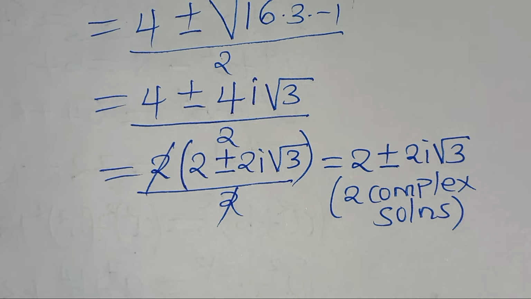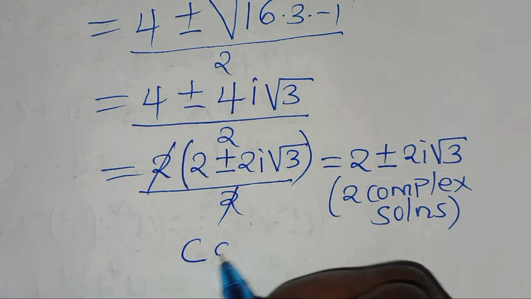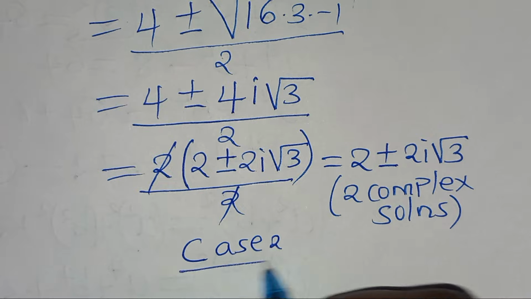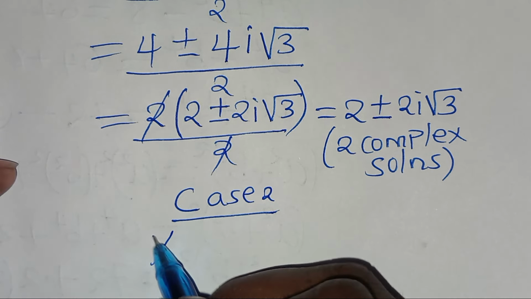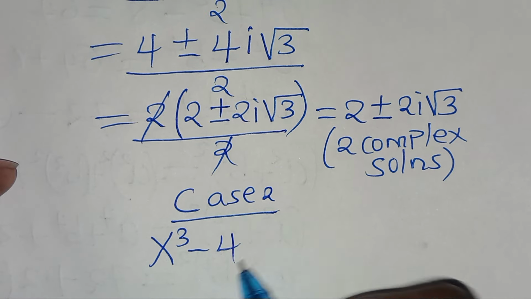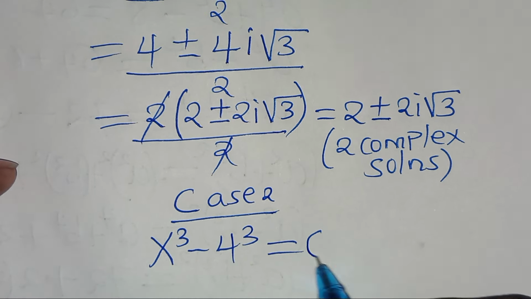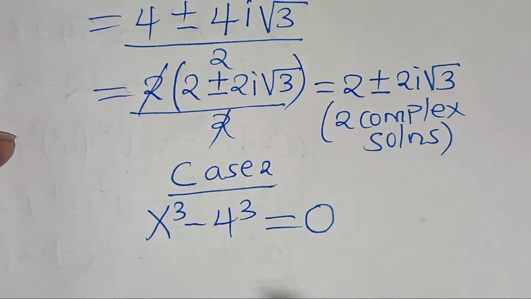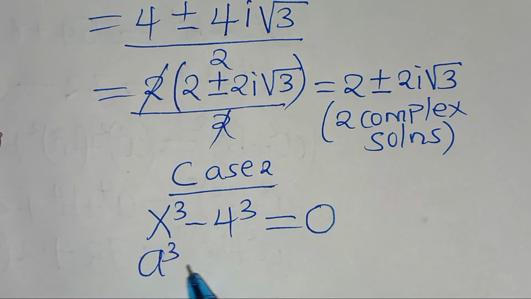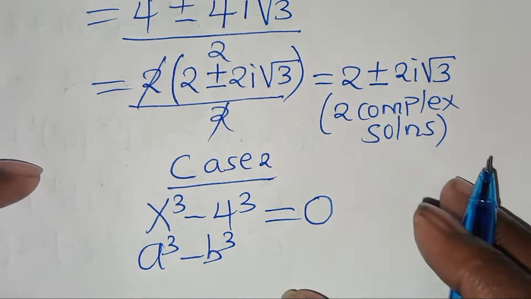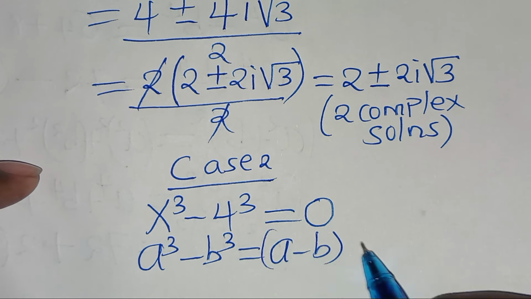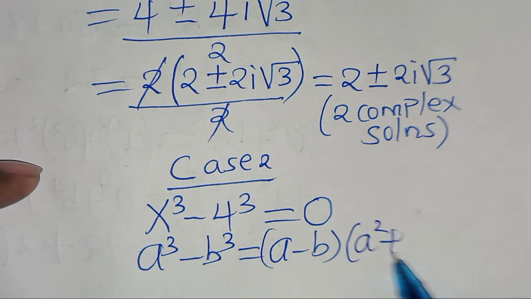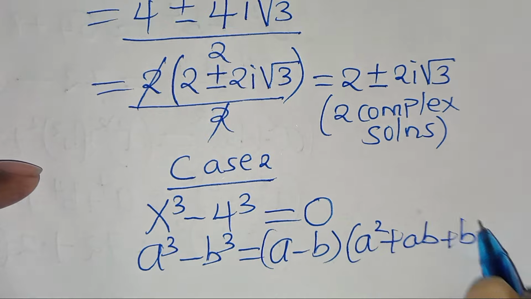So let's proceed to case 2 from here. Now in case 2, we have x to the power of 3 minus 4 to the power of 3, which is equal to 0. This is actually the difference of two cubes, expressed as a to the power of 3 minus b to the power of 3, which we can express as a minus b, then a squared plus ab plus b squared.